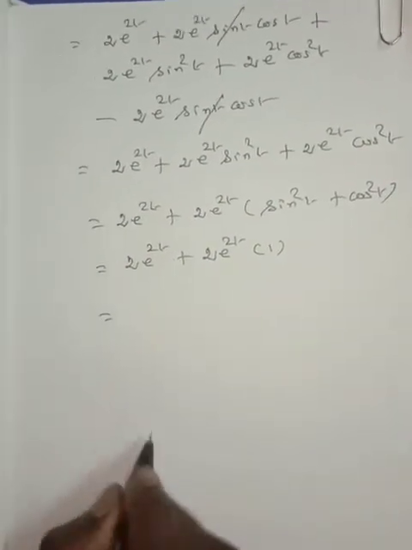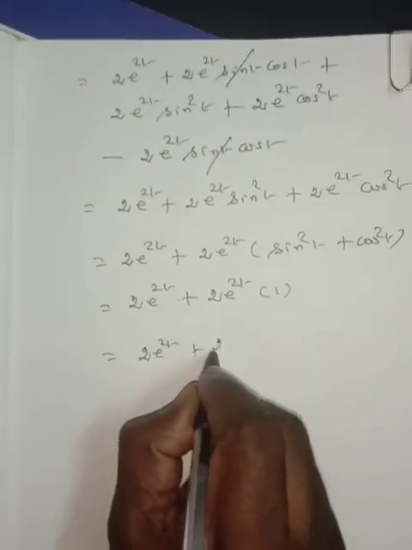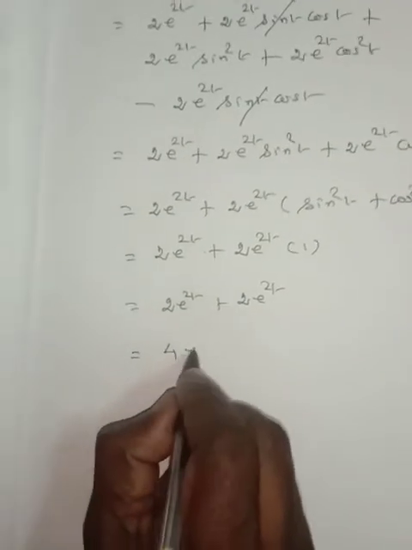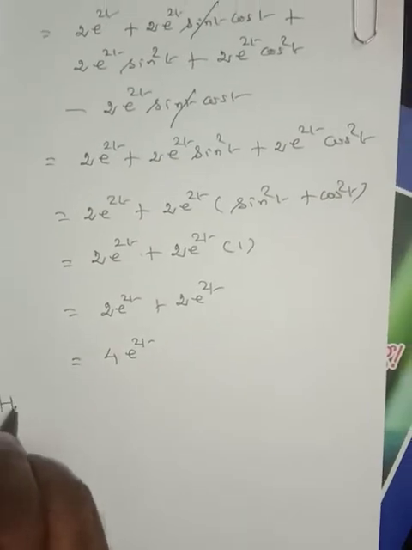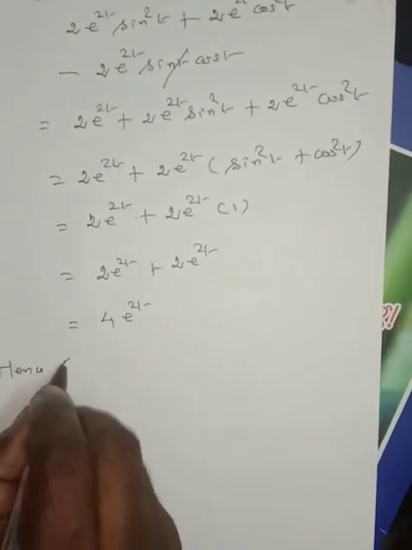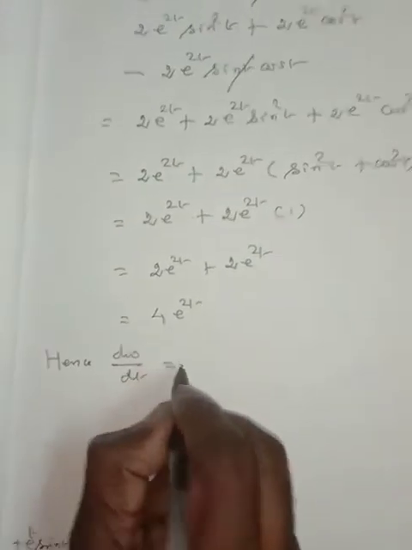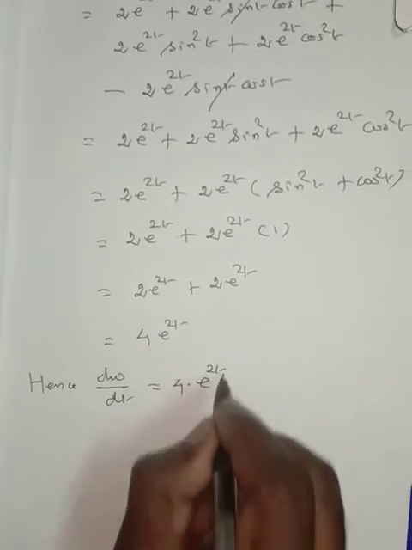Therefore 2 e to the power 2t plus 2 e to the power 2t is 4 e to the power 2t. Hence dw by dt is equal to 4 into e to the power 2t. Hence the result.